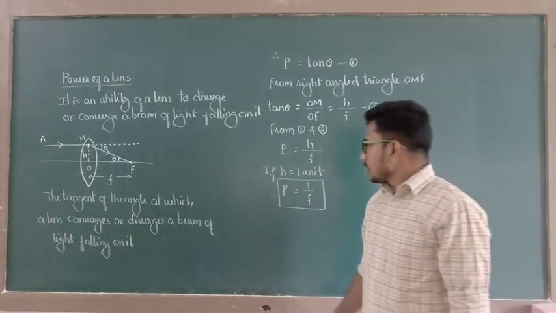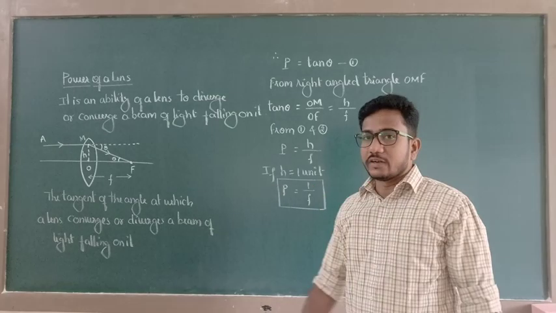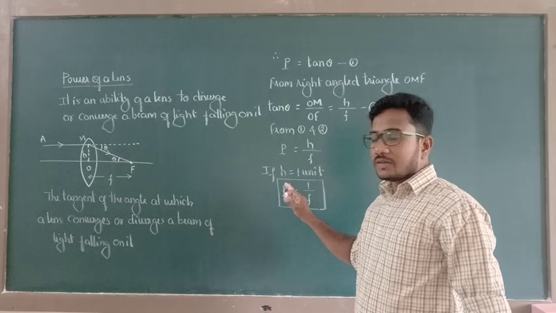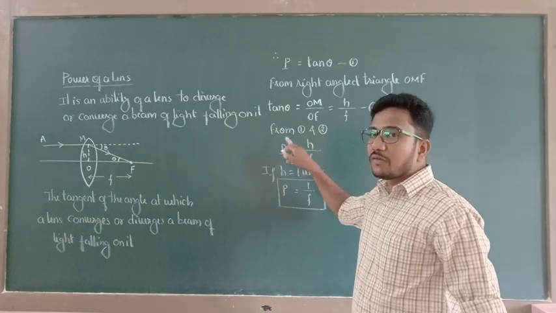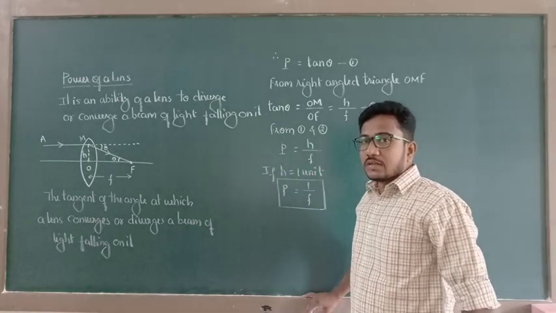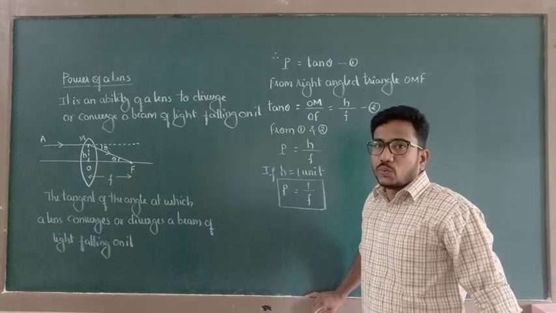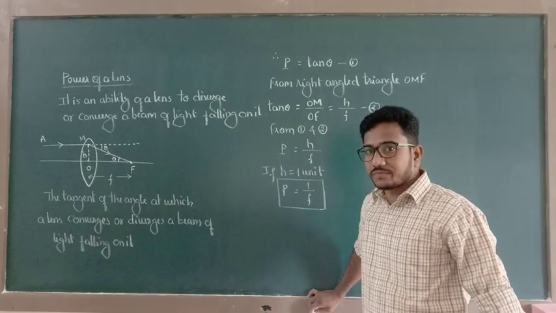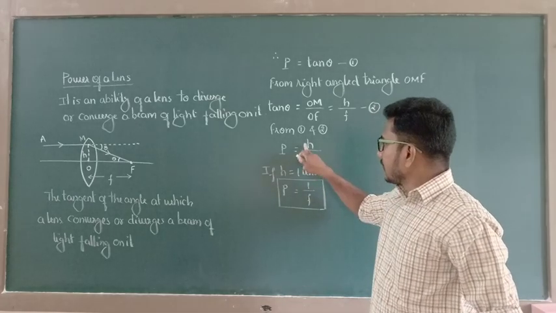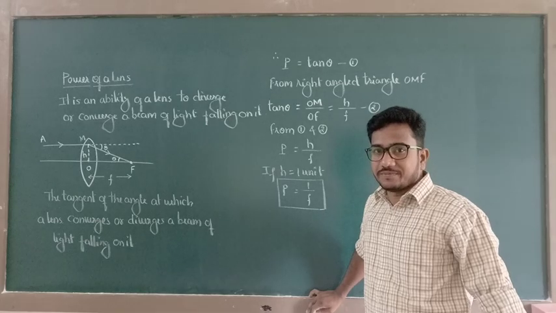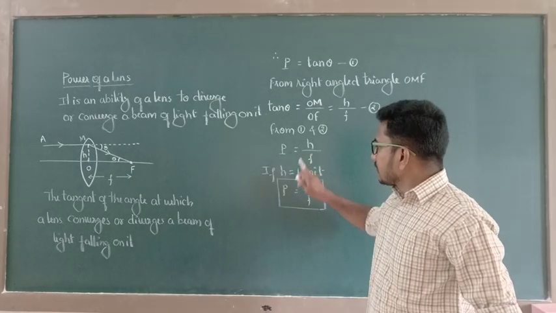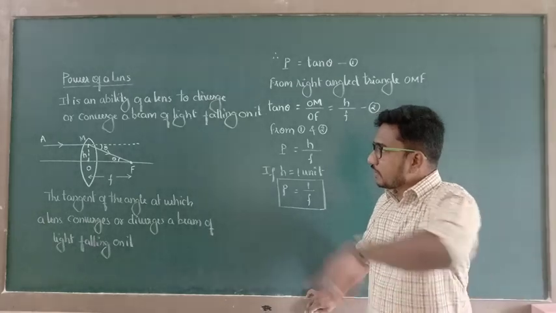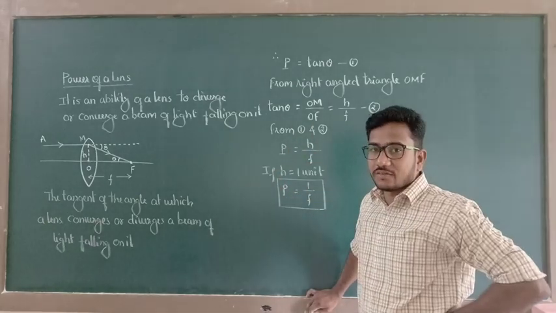On what basis can we consider this H equal to 1 unit? See here, for the first time we are using this term, power of the lens. In such a condition, we can consider this a constant. So here H is nothing but a constant, and this constant is equal to 1 unit. We don't know that particular height from the optical center.